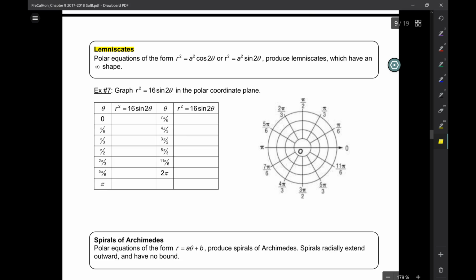Lemniscates have polar equations of the form r squared equals a squared sine 2 theta, or r squared equals a squared cosine 2 theta. And we see things like this in Cartesian coordinates, right? Where you have x squared plus y squared equals r squared, for example.